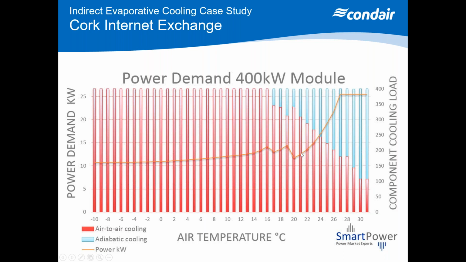When we get up to the higher temperatures and we start diverting air through those evaporative coolers, we see our power demand increase. But this graph looks quite bad. But when you look at the power demand here at maximum cooling, you're up at just over 25 kilowatts, but you're actually delivering 400 kilowatts of cooling. It's a huge amount of cooling for the energy input.